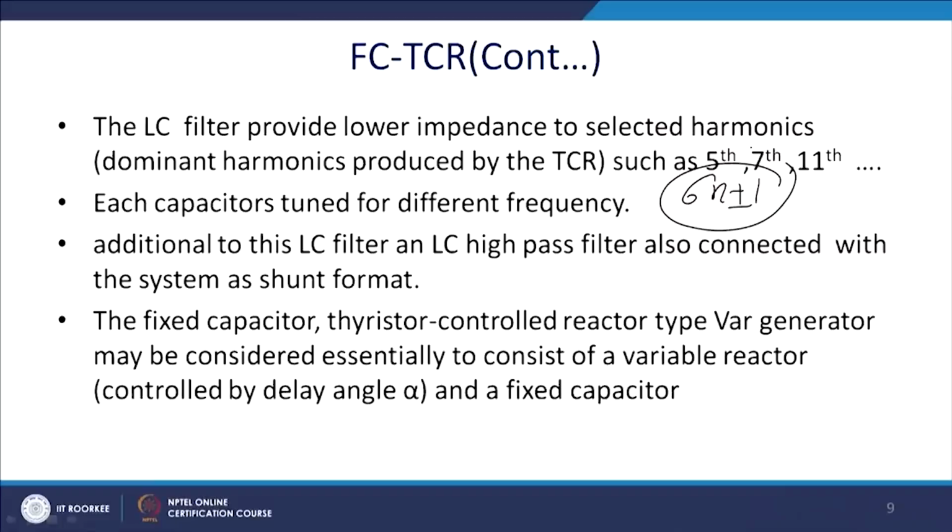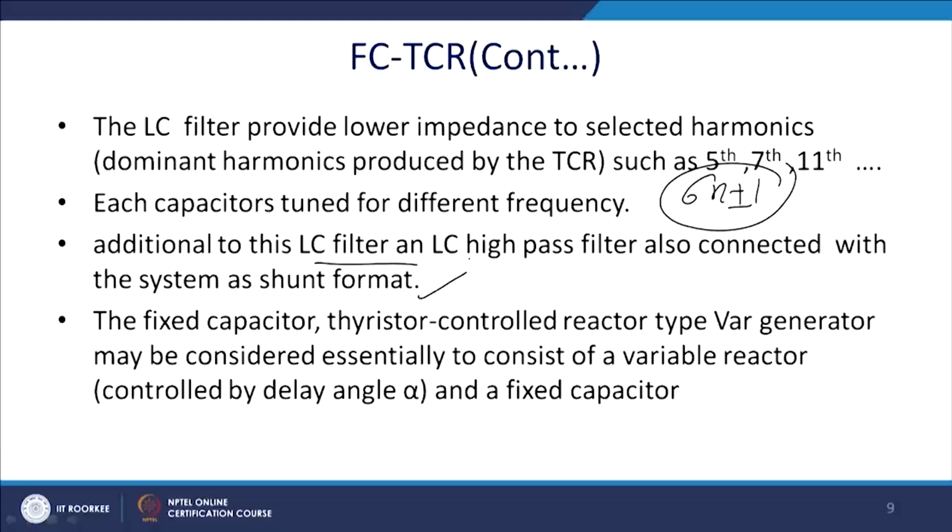The LC filter provides lower impedance to the selected harmonic, because since it is a 3-phase 3-wire system, in most cases 6n plus minus 1 is the harmonic content. So, it is 5th, 7th, 11th, 13th and so on. Each capacitor is tuned for a different frequency. In addition to the LC filter, an LC high pass filter is also connected to the system in shunt format.